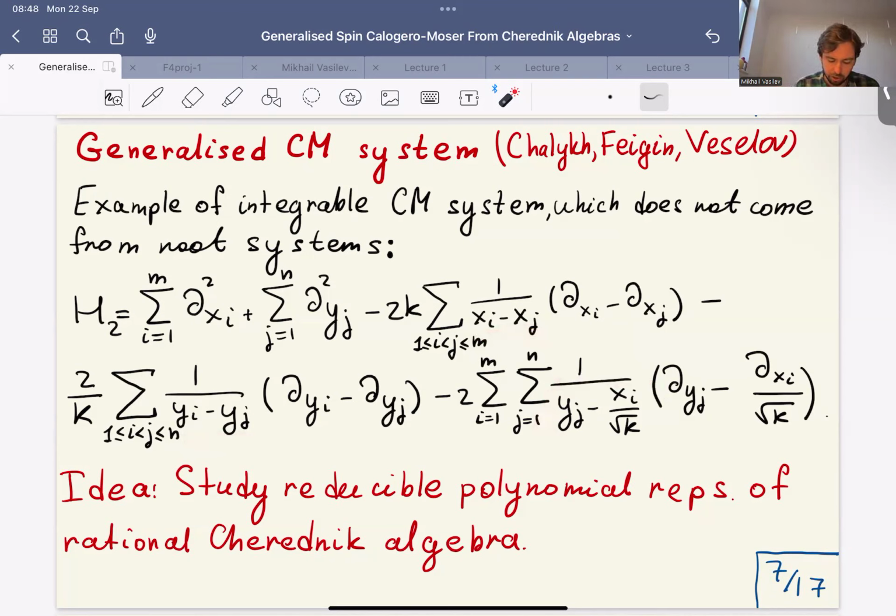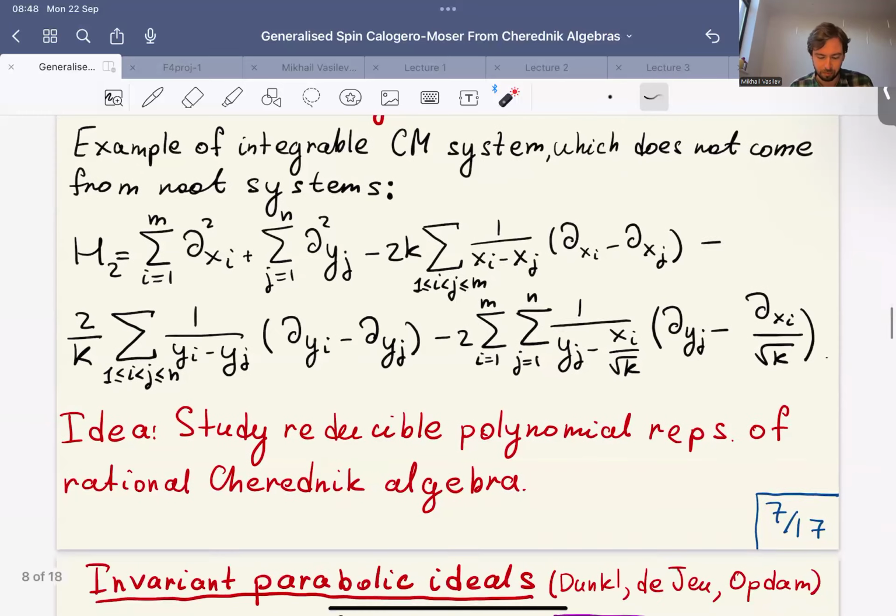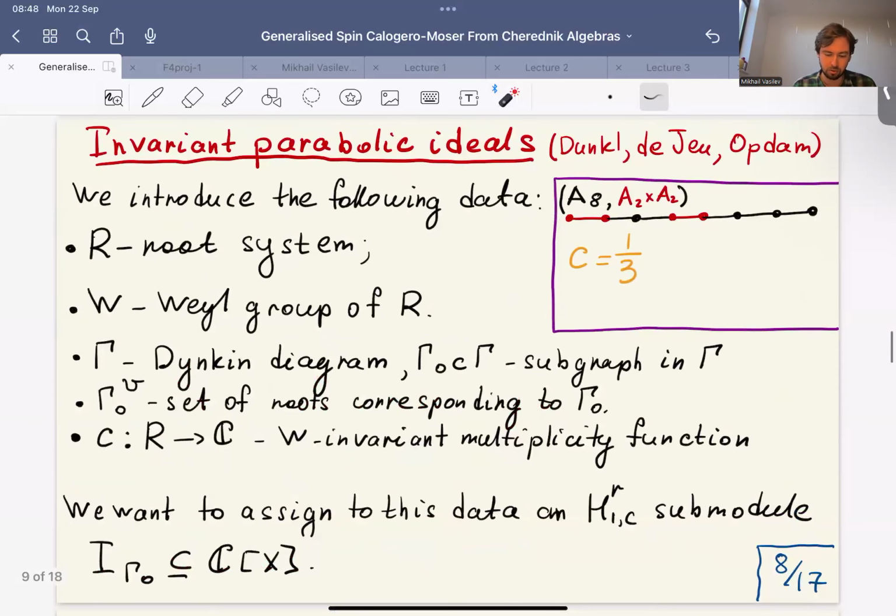So the idea to obtain this type of operators is to study reducible representations of the rational Cherednik algebra. The idea goes back to works of Dunkl, Du, Opdam, who studied when the Cherednik algebra has some... sorry, I think their work was about Dunkl kernels, but okay, let's keep it because I don't have a lot of time. So what do we do? We fix the following data.